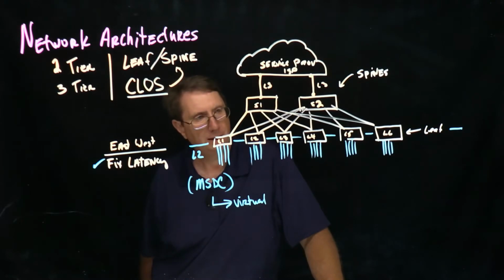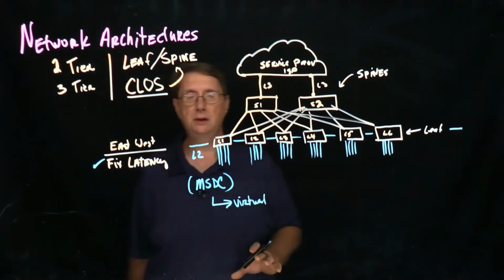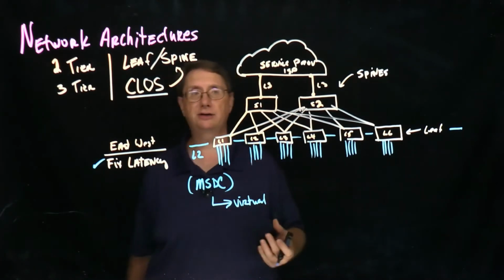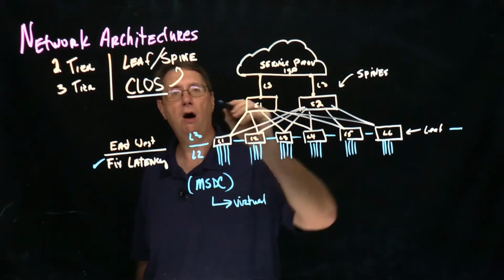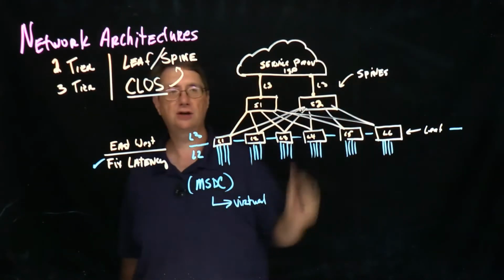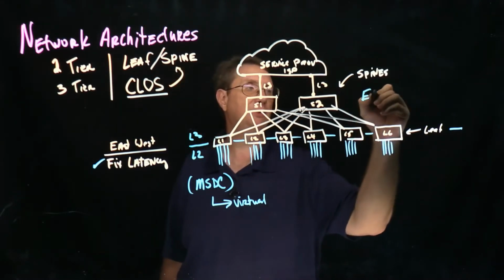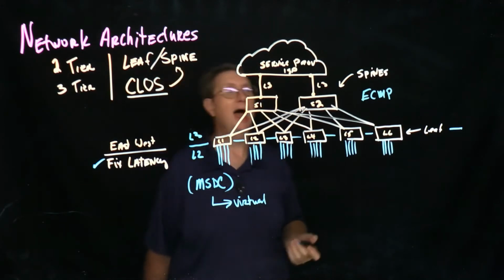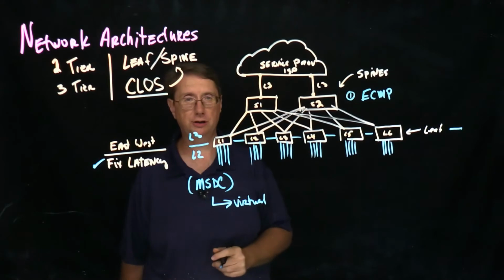But, like I said, there are some things that we want to make certain that we note. One of the things that makes this different than a 2-tier design is this point of demarcation, because we are layer 3 all the way from the leaves up to the service provider. Now what that means is, since I'm using a routing protocol or layer 3 functionality, I get the capability of supporting equal cost multipathing in this infrastructure.